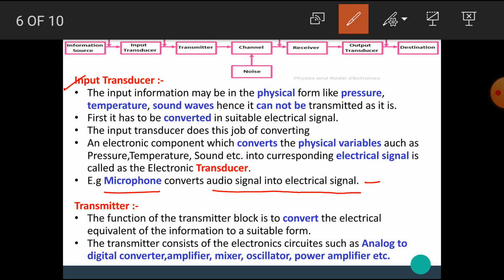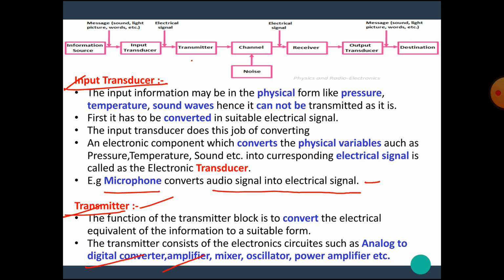This conversion is done by the analog to digital converter, which is present in the transmitter block. If the strength of this signal is weak, then the strength of the signal needs to be improved. This job is done by the amplifier, which is present in the transmitter. I hope you all understand the role of the input transducer and the transmitter.